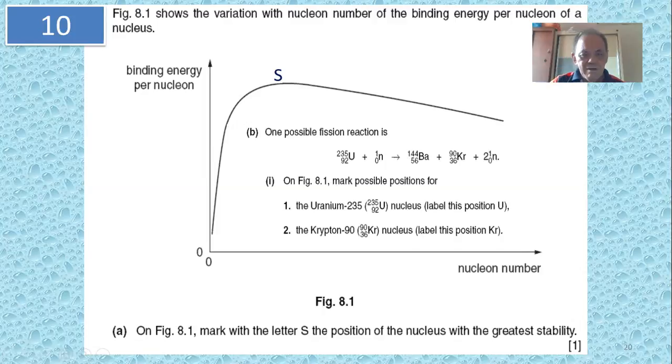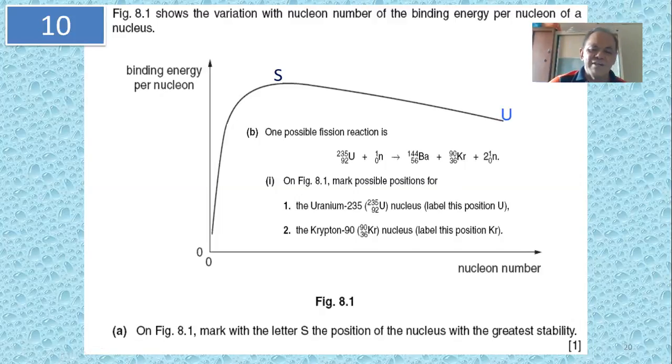Then the next part. One possible fission reaction is given to you, with the possible products. On figure 8.1, mark a possible position for uranium-235, call that U. Usually it's quite over at the end there, 238 there. And then krypton.